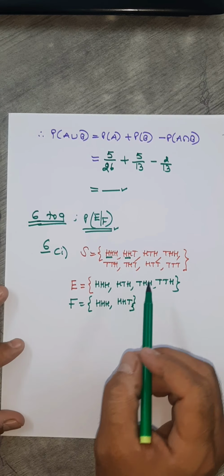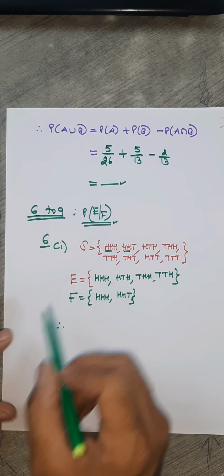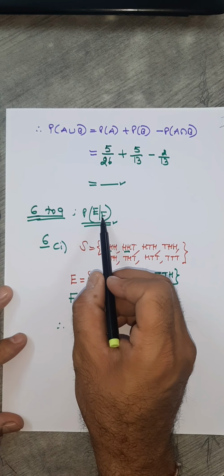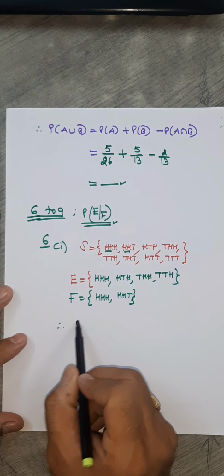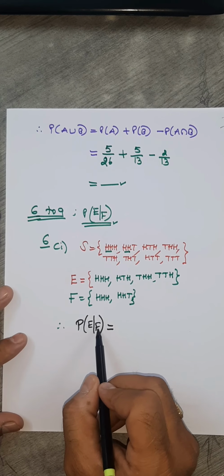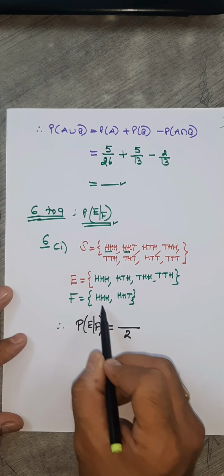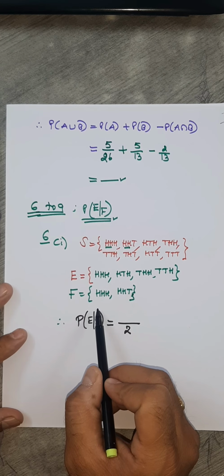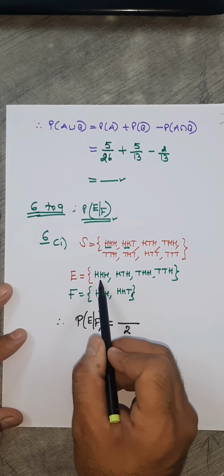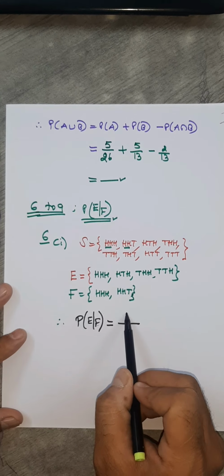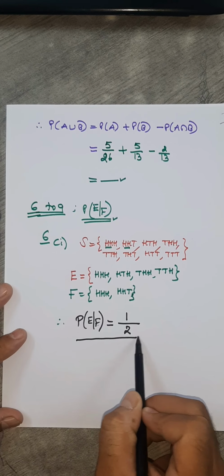Heads on the first two tosses. Now you want this. So event F has occurred first. E intersection F. So F is the sample space, upon 2. Now out of these two, how many of them are common? One is this and this is not. So just 1/2. This is the required probability.